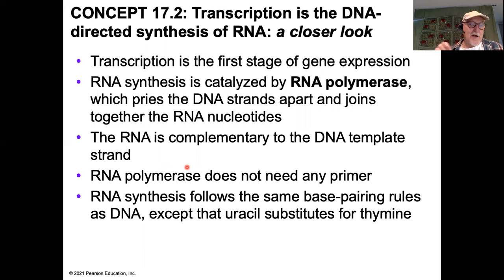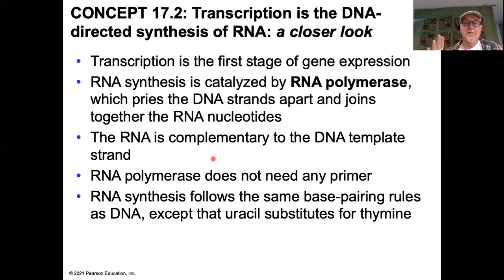The RNA strand, the messenger RNA strand, as you've seen already, is complementary to the DNA template strand. So it matches base for base, except that where there is an A, you don't put in a T in RNA, you put in a uracil, U. In some ways, you'll see some similarity to the process of replication.